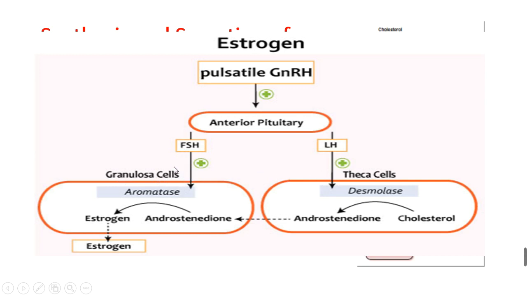The FSH will act on the granulosa cells to stimulate conversion of androstenedione, which is produced in the theca cells and transferred to the granulosa cells. It will convert it into estrogen under the effect of aromatase enzyme. So there will be production of estrogen.